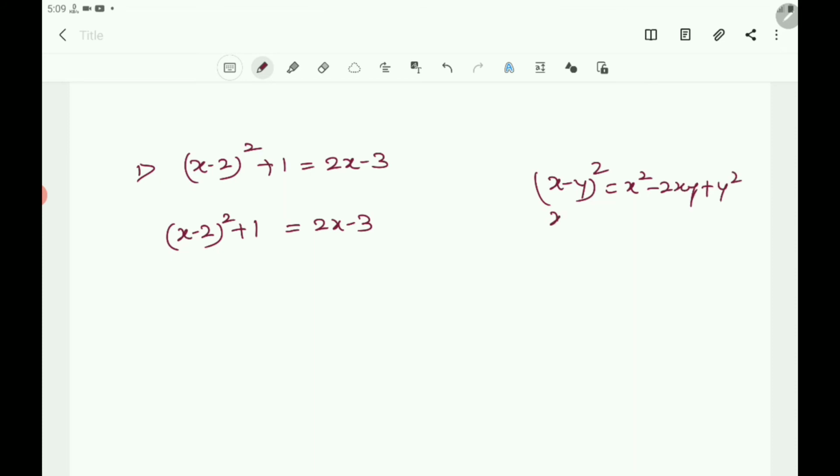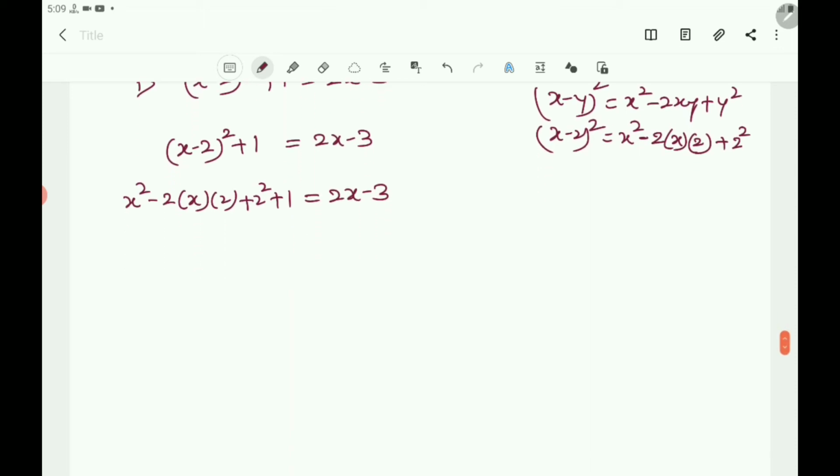In x minus 2 the whole square, in the place of x, x is there, and in the place of y, 2 is there. It becomes x square minus 2 into x into 2 plus 2 square. So you write x square minus 2 into x into 2 plus 2 square plus 1, and write the RHS as it is, 2x minus 3.